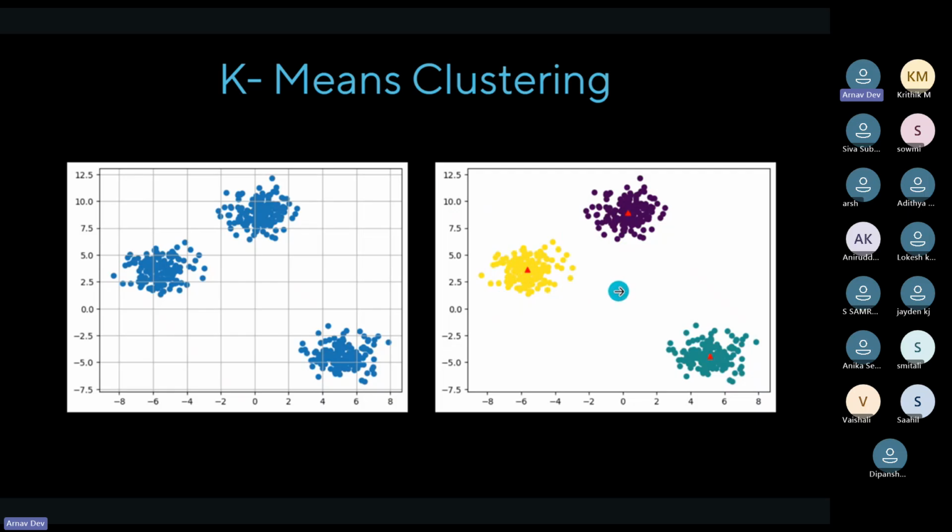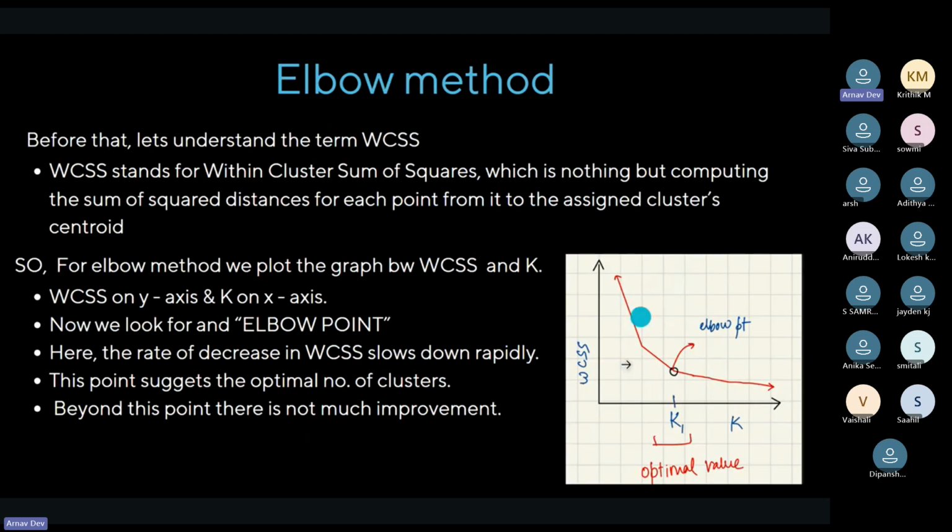And if I take only one center for all of them, then all of them would be in one cluster. But in that case, if I calculate the sum of square distances for every point from the center, it would add up and become a very large value. So if we plot a graph for a very small value of k, say only one cluster, the WCSS score would be very high.